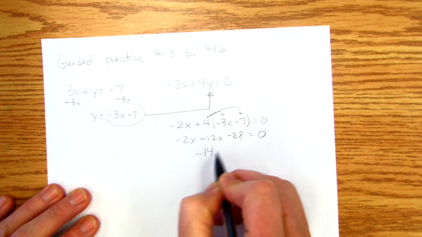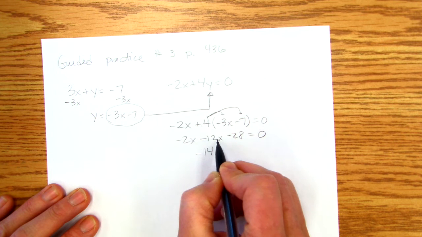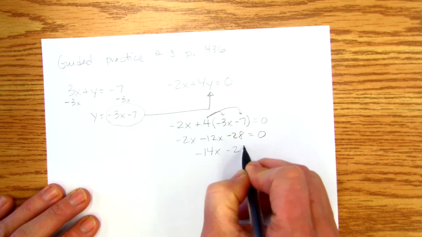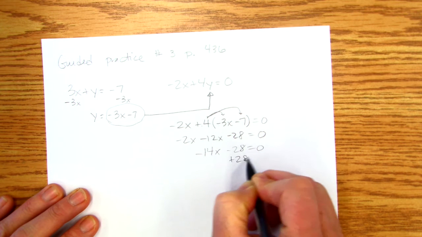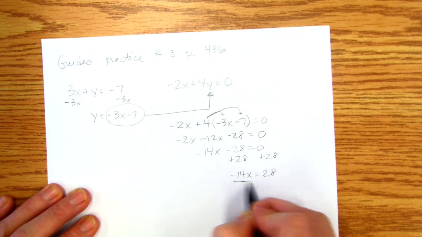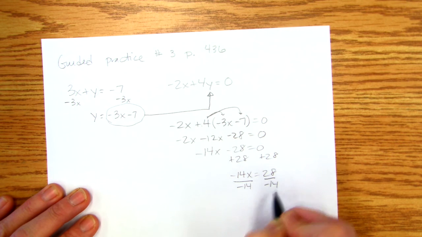Combine like terms: -2 minus 12. If I'm down here at -2 and I go down 12 more, now I'm down at -14. And then I'm going to add 28 to both sides. Divide by -14. And x equals -2.